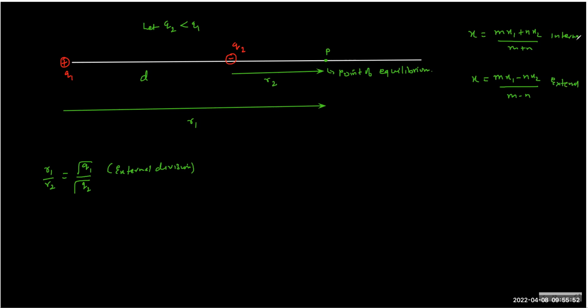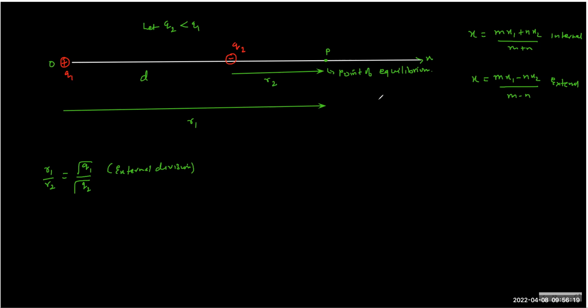Do you know these formulas by any chance? Yes, sir. Okay. So what we can do is assume this as origin. You can choose left as origin, and choose this as x-axis, and you can get the answer directly. Okay.